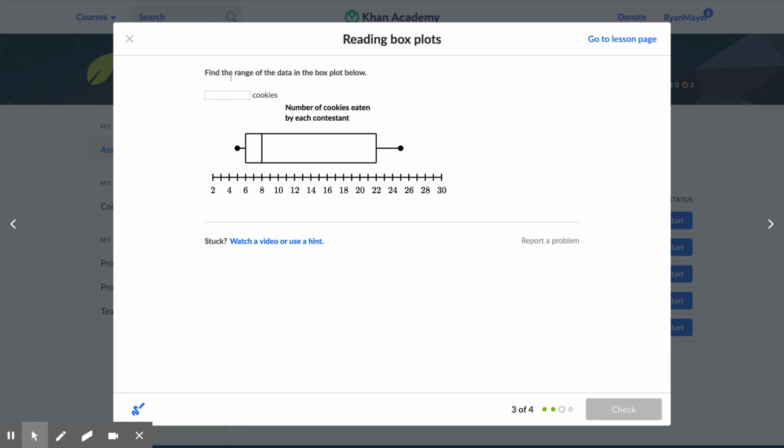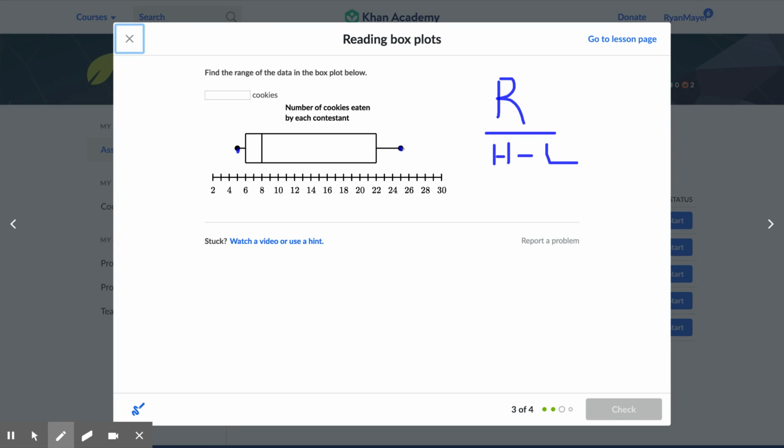Here, this one just says the pure range. We're looking for the pure range of the data. Again, range is your highest number minus the lowest. So while you're looking through this, you should be looking at this dot here, because we're not talking about quartile ranges. We're just talking about pure range.